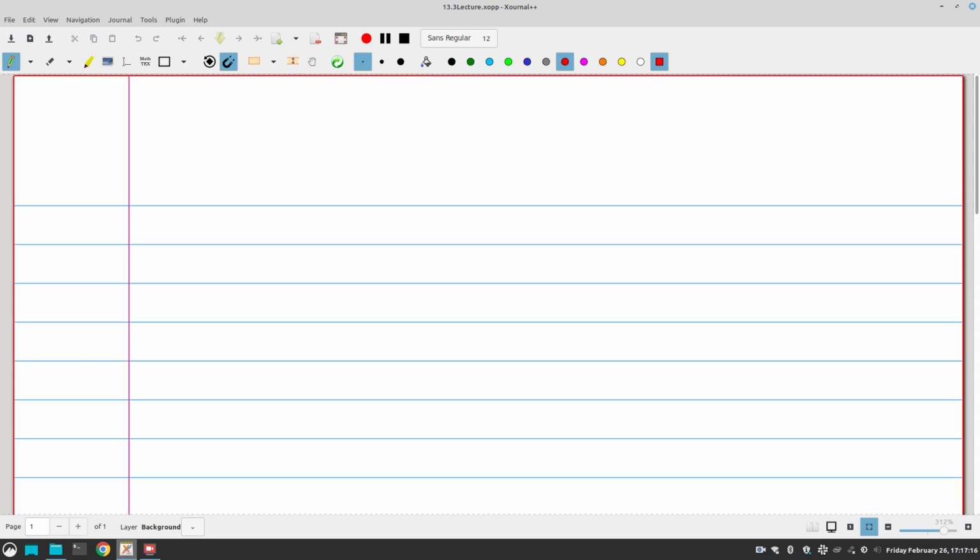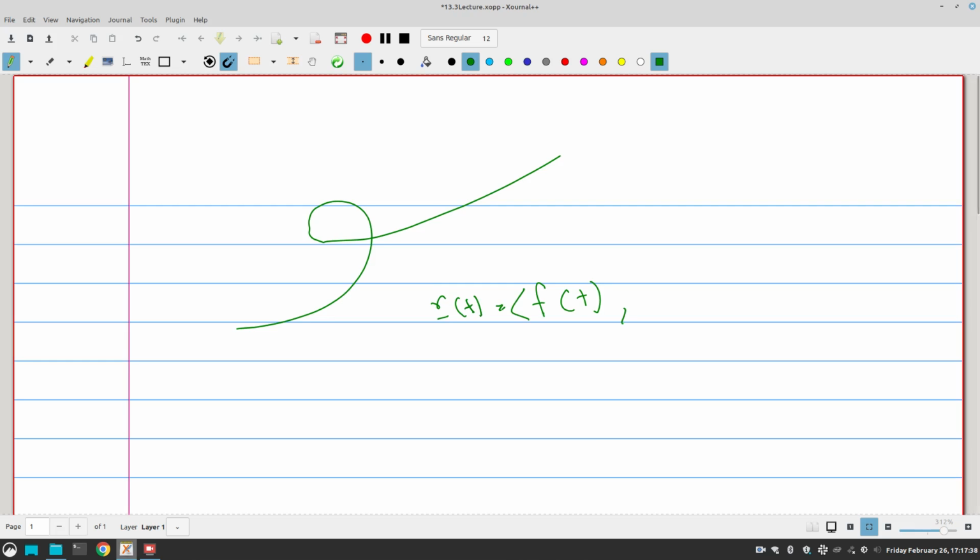Okay, so let's say you have a space curve that is parametrized by the equations, let's say this is your space curve, r(t) = <f(t), g(t), h(t)>.